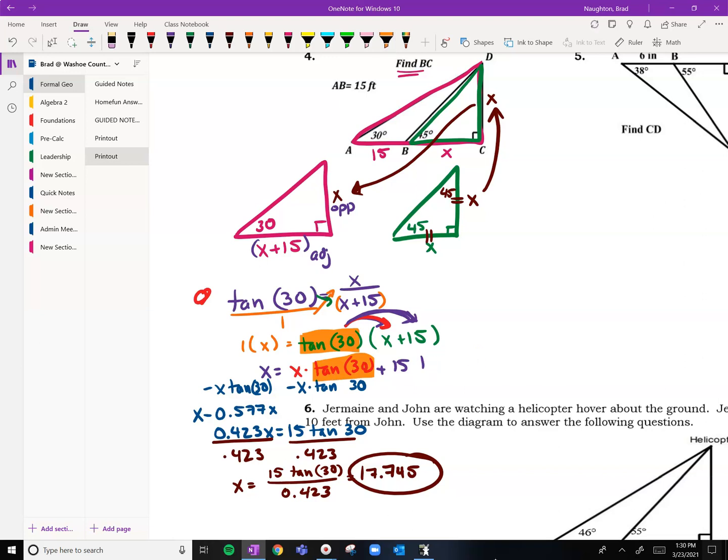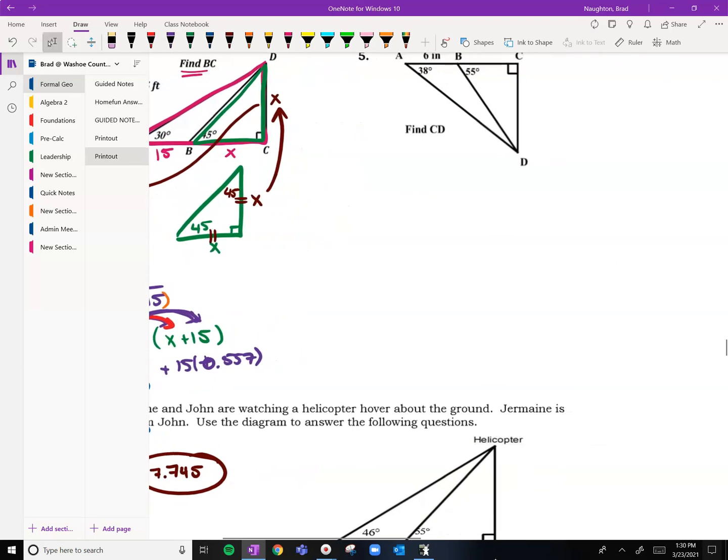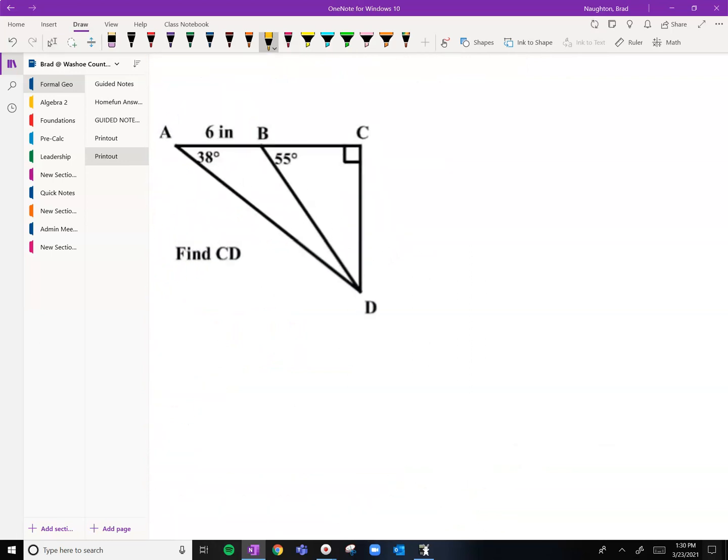If you want to erase all those tangent 30s and just put in 0.577 everywhere, you're going to get the same answer. So if the tangent's giving you a tough time, get rid of it at the start. All righty. Draw two triangles to start. Hopefully we're noticing the trend.